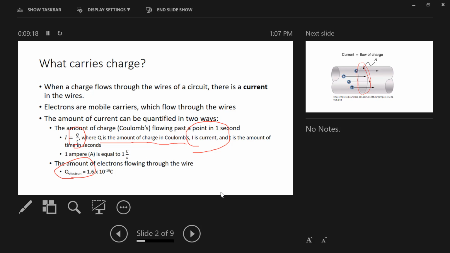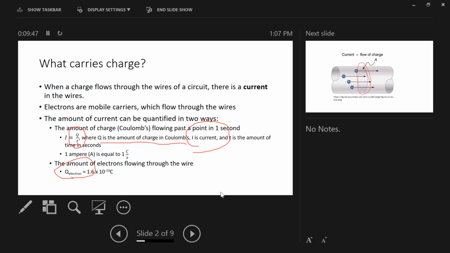And so the reason I didn't include the negative there is because we're talking about the magnitude and not necessarily the direction or the particular flavor of it at this point. All right? So that's our second tool that we're going to introduce. So far we've talked about current in terms of charge per time, charge per unit time, and then the charge of a single electron, 1.6 times 10 to the minus 19 coulombs.